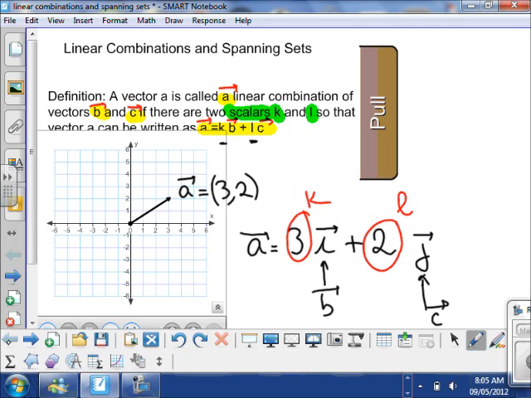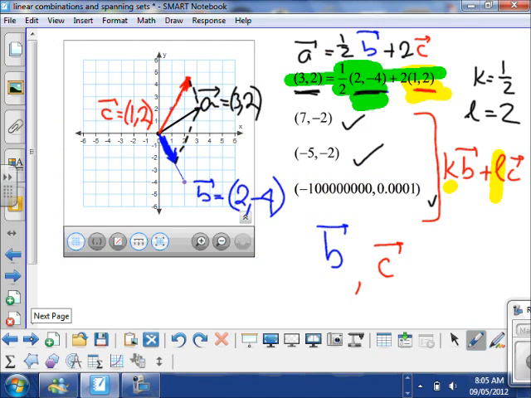You give me a vector, and I can write it in terms of i and j. Now it seems that if I pick these two random vectors, b and c, I can still write any vector in the plane xy in terms of b and c.